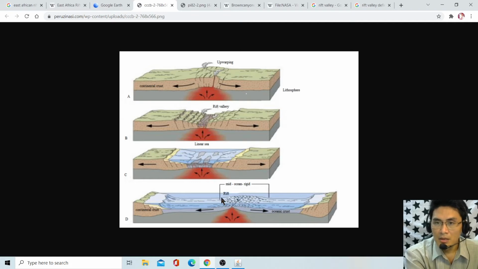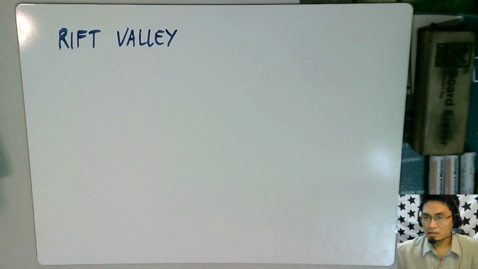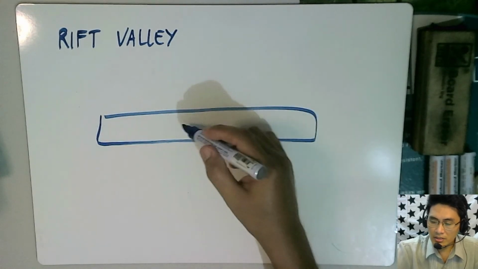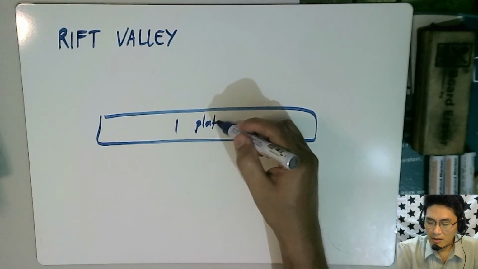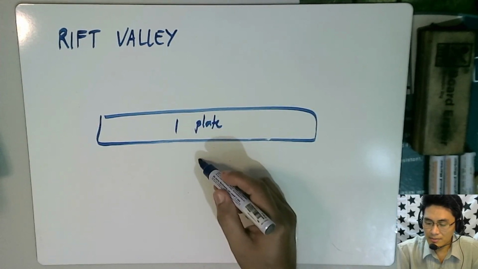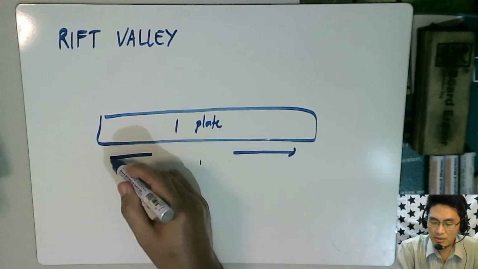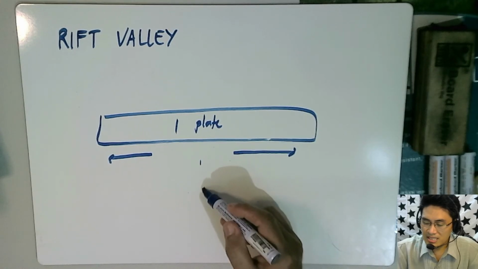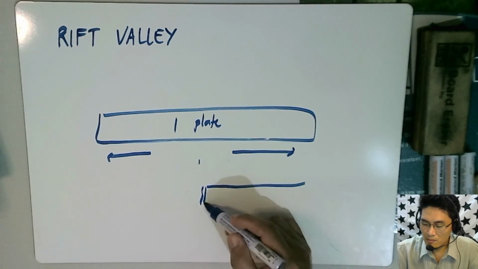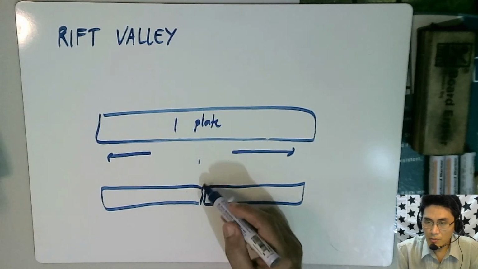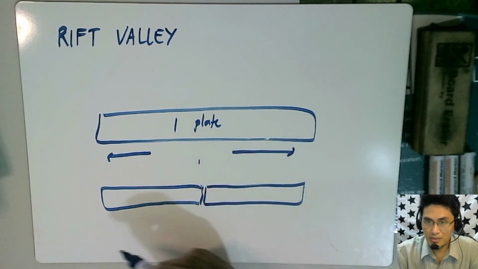Okay, but however, there are some interesting things here, which is the fact that again, this all started as one plate. Okay, this all started as one plate, and then because of the rifting, because this part of the plate moves this way and this part of the plate moves that way, that plate splits into two. Okay, so at this point now you can say that your plate has become two plates.